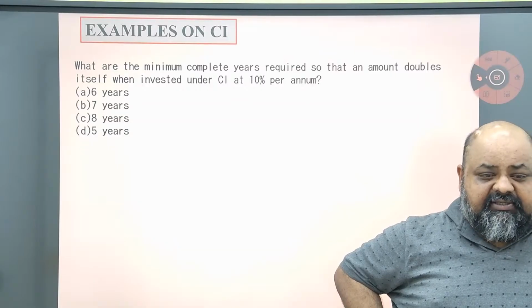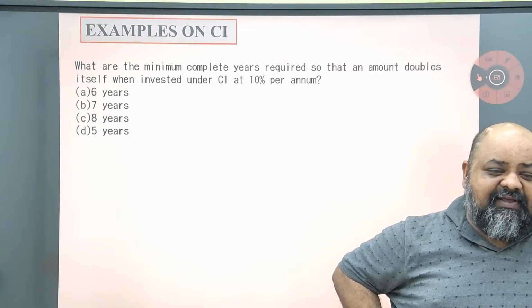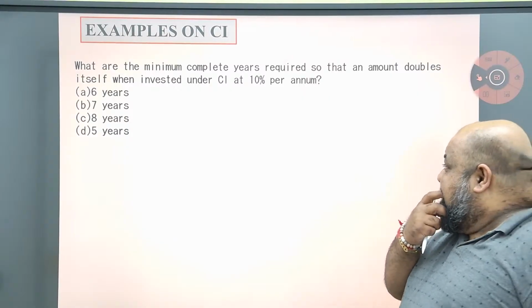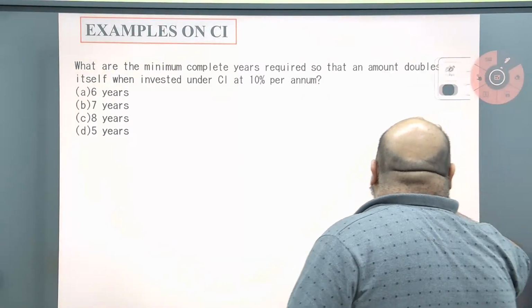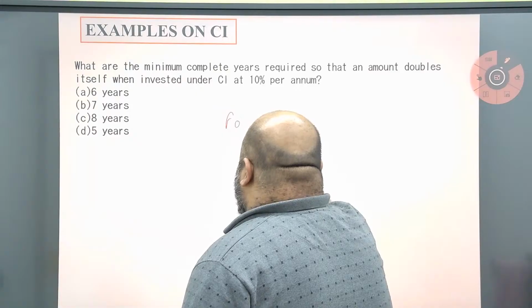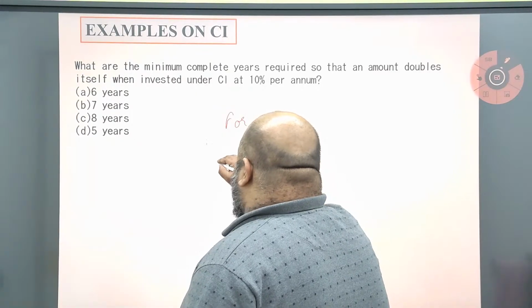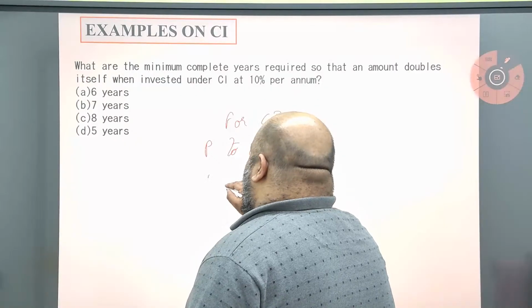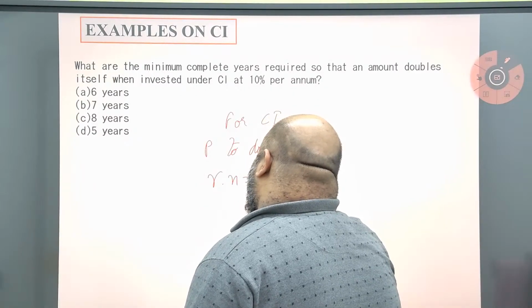In how many years will it double itself? For this we have something called the rule of 72. It is an empirical rule, and it says for compound interest, for P to double, R into N is equal to 72 roughly.